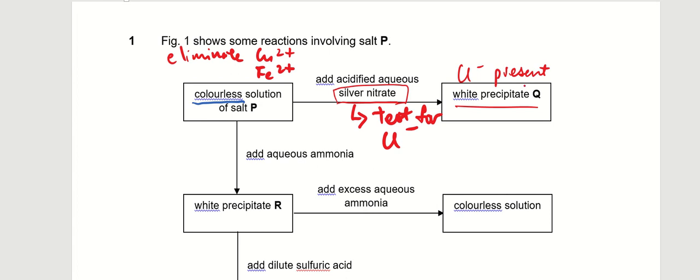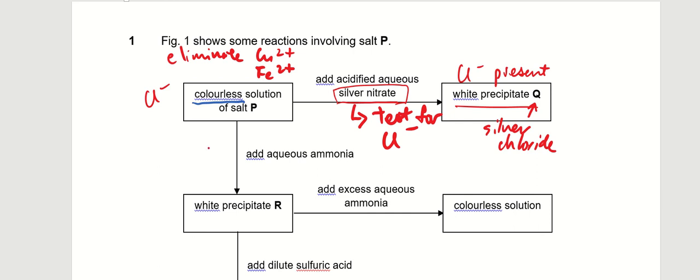If chloride ion is present, you get a white precipitate, because this precipitate is insoluble silver chloride. Okay, remember all chlorides are soluble except lead chloride and silver chloride. So we know here automatically that chloride is present.